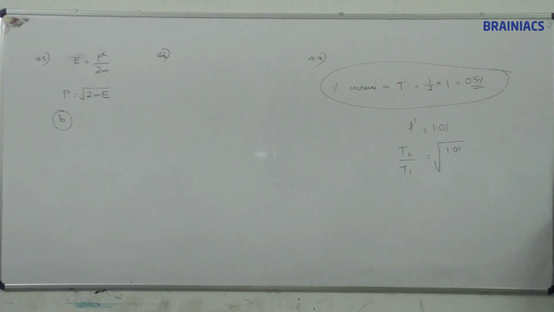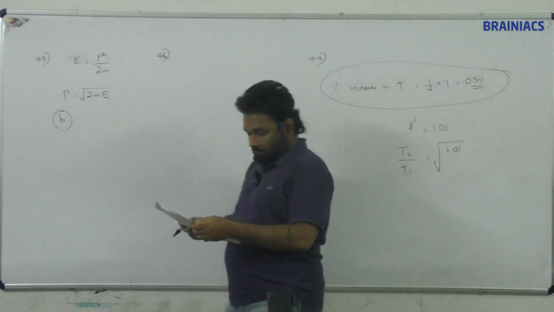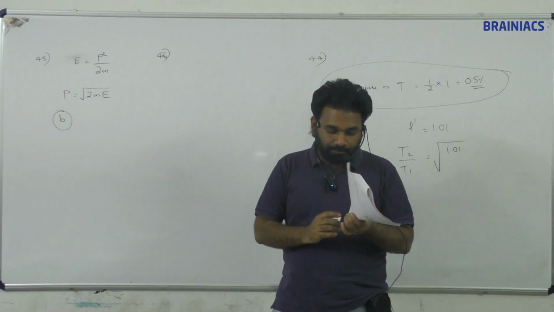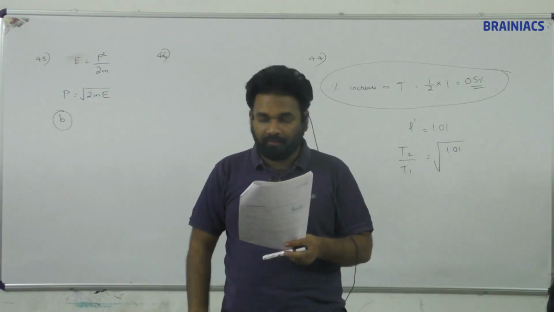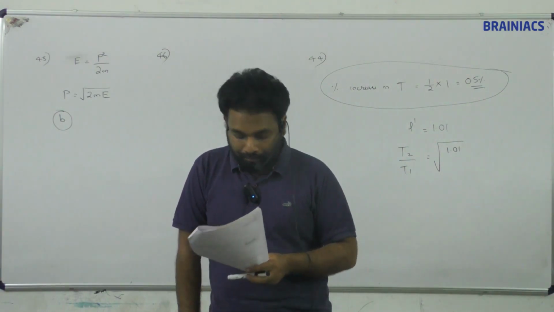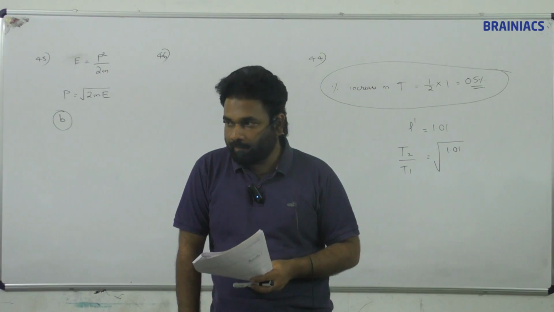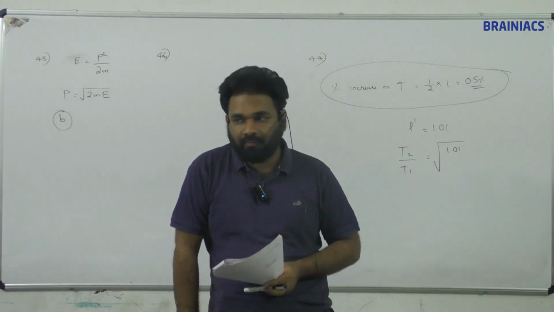Question number 46. The mass and diameter of a planet is twice that of Earth.